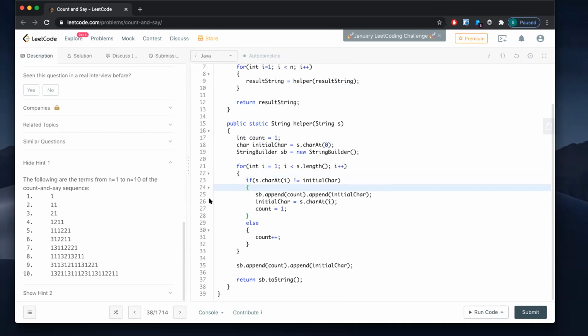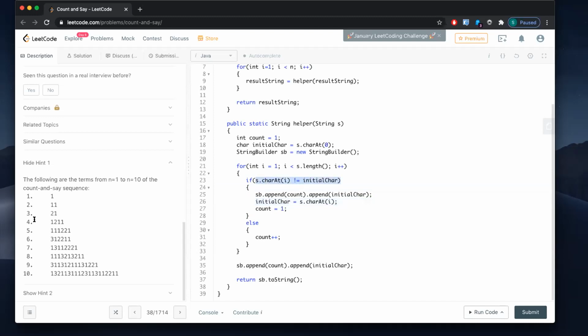So it appends the count, which is already 1, and the 2. Then the initial char becomes the new first char, so the initial char becomes 2, and it resets the count to 1; otherwise count plus plus. It goes to another loop.